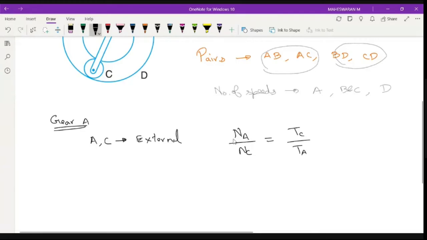I want everything in terms of NA, so NC is equal to, just reciprocating, TA by TC into NA.